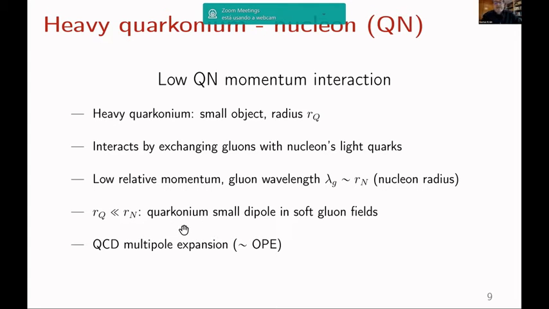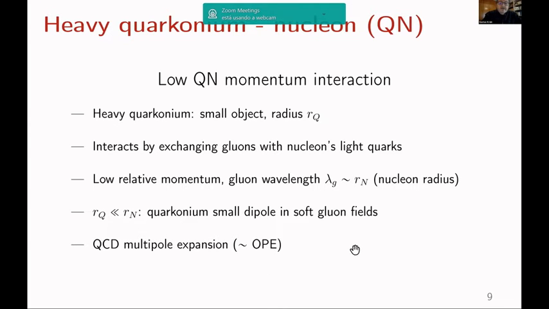So you have the picture that the quarkonium behaves like a small dipole moving in soft gluonic fields. It doesn't mean two gluons are interacting. These are soft gluons.